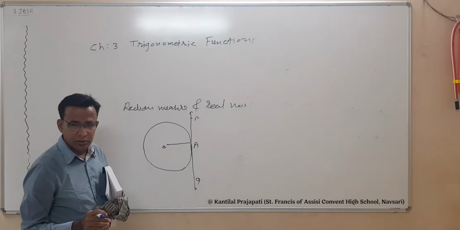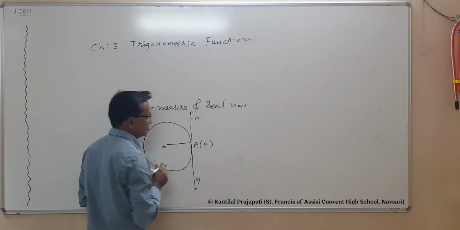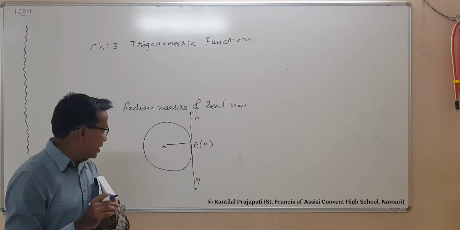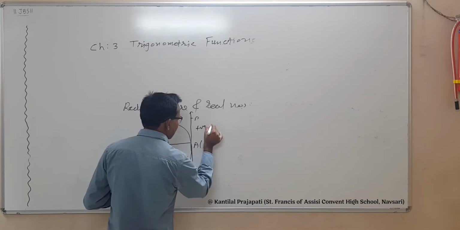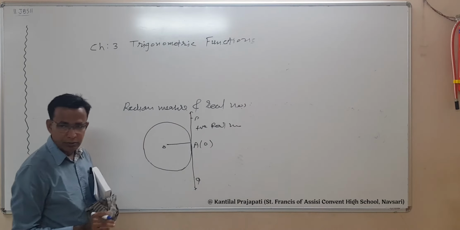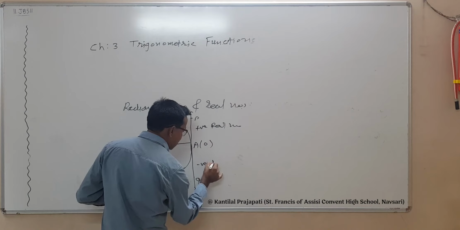We consider 0 as the real number associated with the point A. Then on the real line, what is AP? It indicates a positive real number, and ray AQ indicates a negative real number.